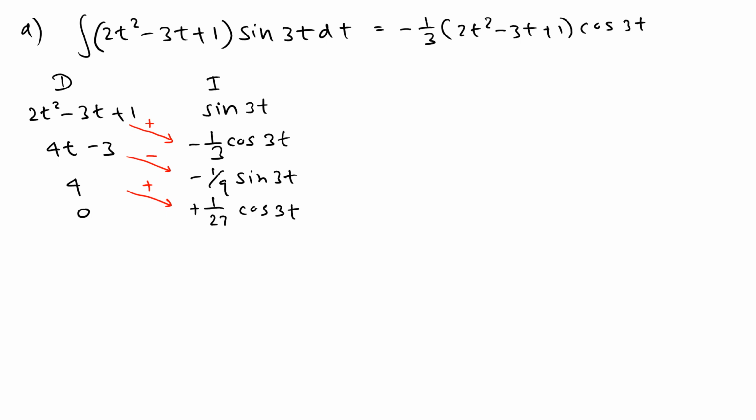The second one is minus minus plus, so we have (4t minus 3) 1/9 sine 3t, and then the last one is plus 4/27 cosine 3t plus c. So we will leave the answer like that.